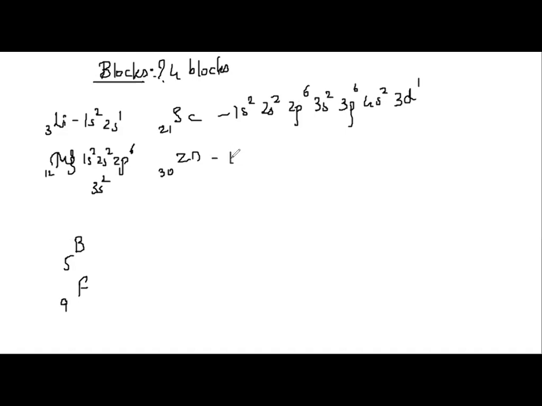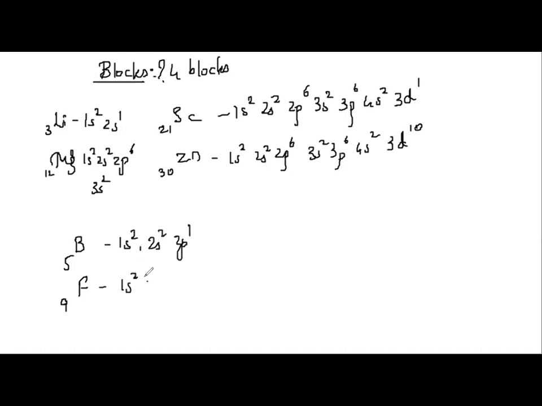Zinc similarly: 1s2, 2s2, 2p6, 3s2, 3p6, 4s2, 3d10. Boron: 1s2, 2s2, 2p1. Fluorine: 1s2, 2s2, 2p5. See, 5 plus 2 is 7, 7 plus 2 is 9.